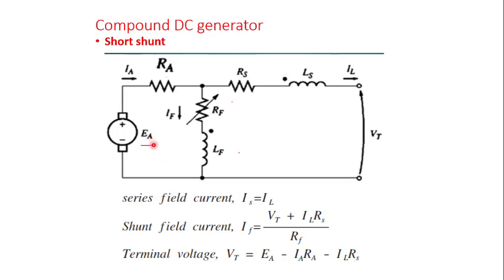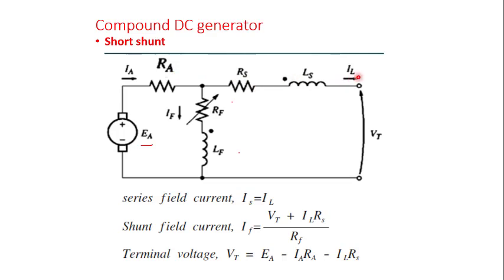So the EA, the internal generated voltage here, we can see that there's a resistor here. Whenever the current flows through a resistor, there will be a voltage drop. There's another resistor here, so there will be another voltage drop here. If you subtract this voltage drop plus this voltage drop from this voltage, then we get our VT. But how do we get these voltages? This voltage drop here is equal to IA RA.